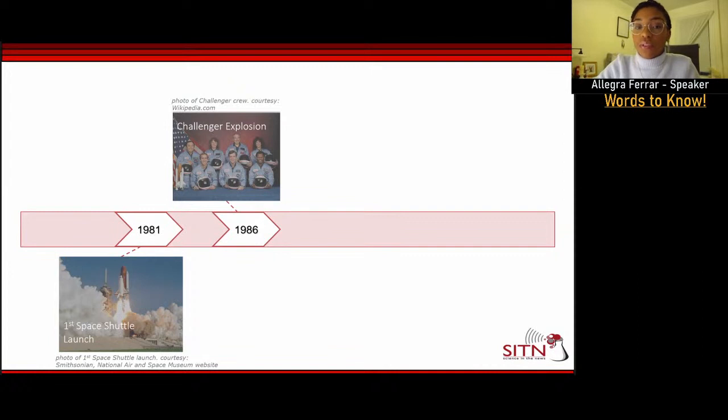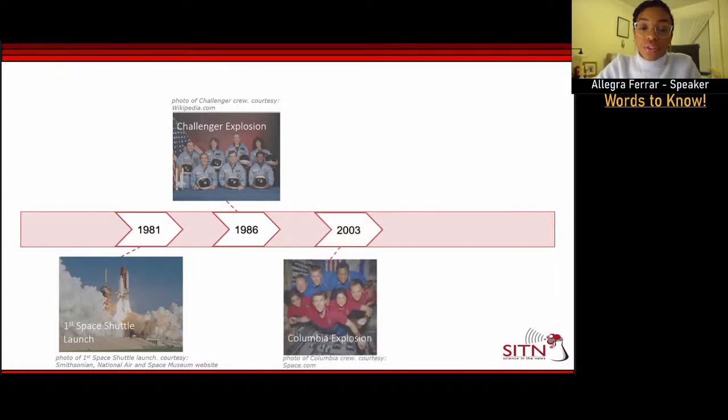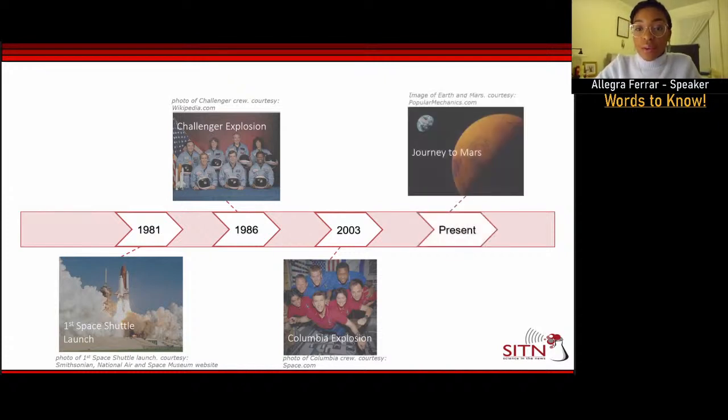But the Challenger explosion was sort of the first event that really struck a chord with that theory. And that was followed in 2003 by the Columbia explosion, which was another tragedy that took the lives of more astronauts. So we've had these issues, and now we're in present day and we're saying, okay, now we want to go to Mars. So that's a big jump.